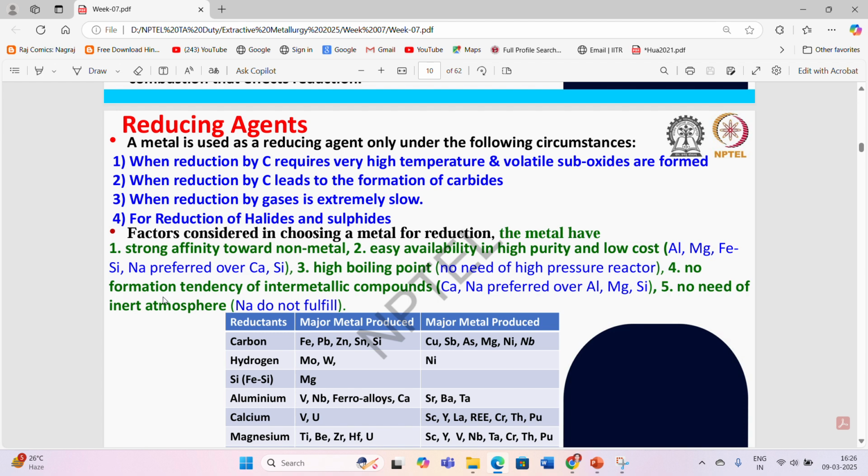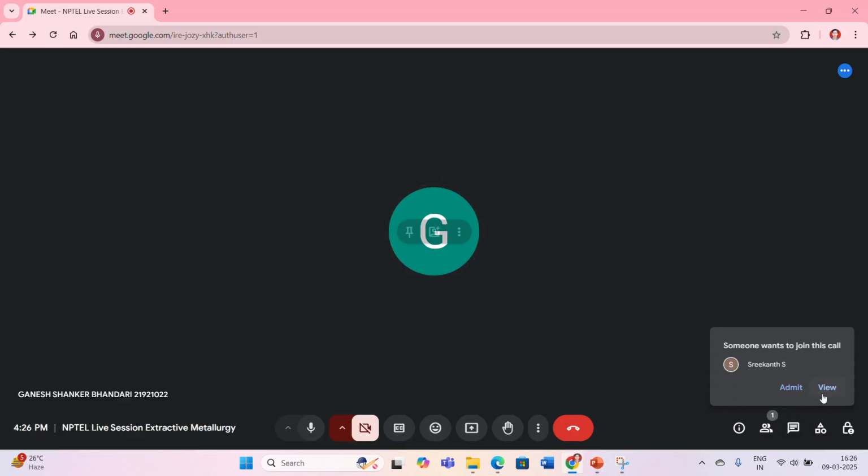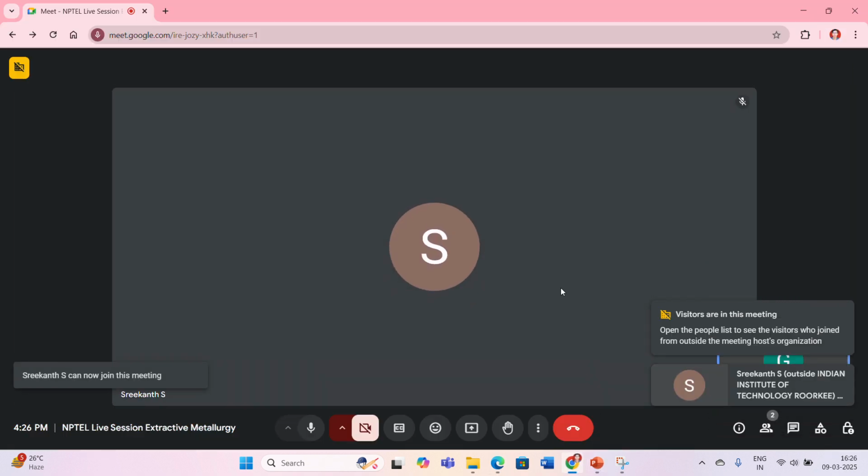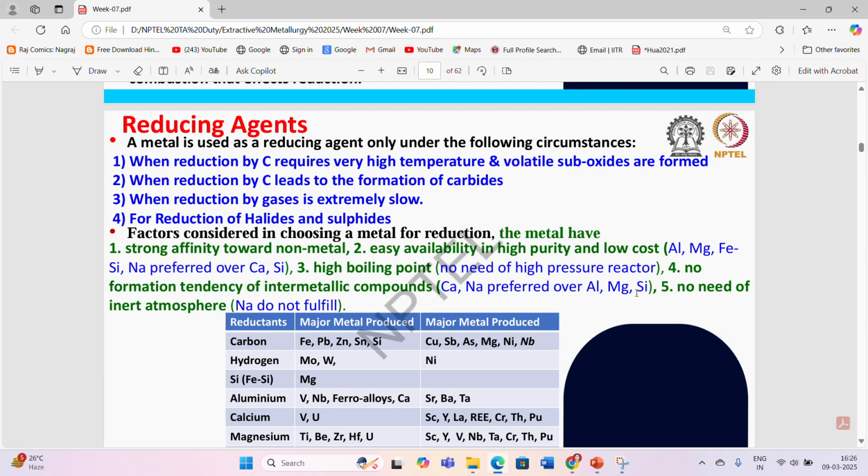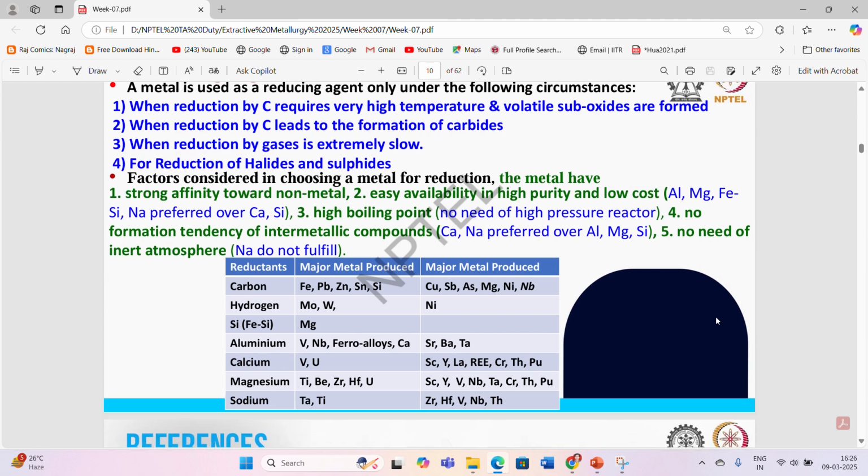Then the factors considered in choosing a metal for reduction: the metal should have a strong affinity towards non-metal, easy availability in high purity, and it should have low cost.